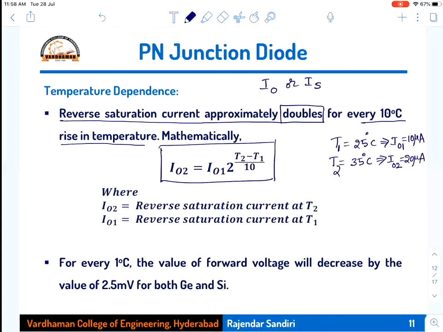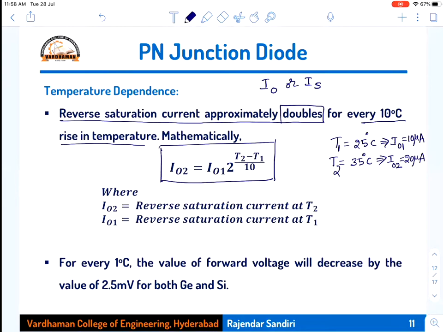I02 is the reverse saturation current at temperature T2. I01 is the reverse saturation current at temperature T1. If it is exactly a 10 degree increase, directly you can tell it is double. But sometimes T1 is 25 degrees centigrade and T2 is 30 degrees centigrade. Then we can't exactly say, therefore use this formula to calculate that.